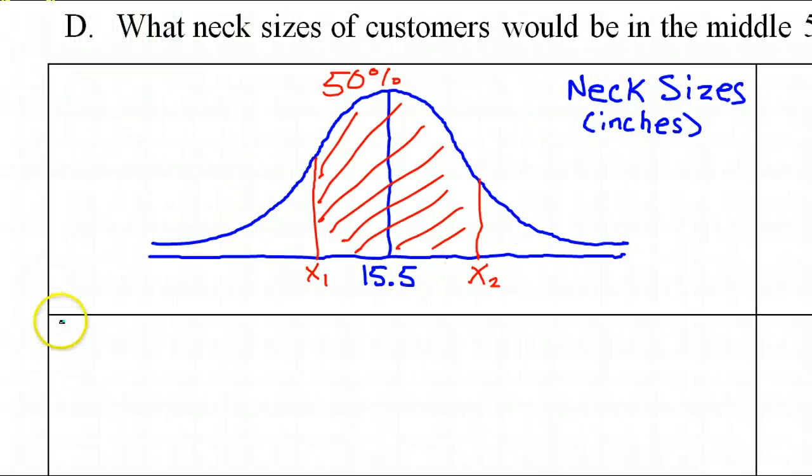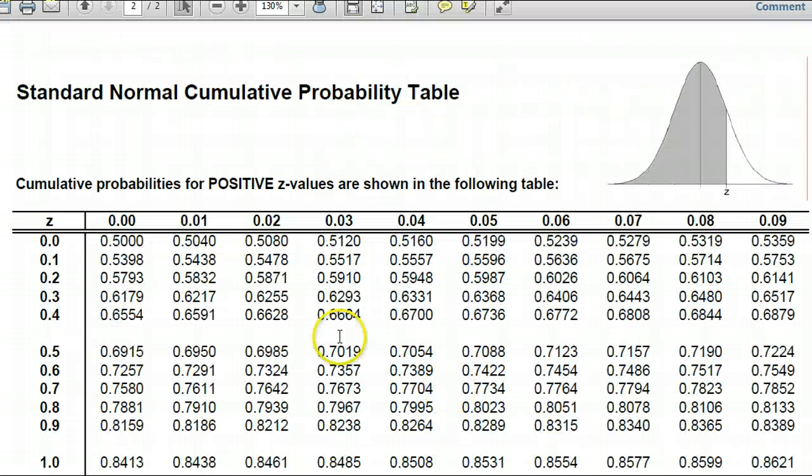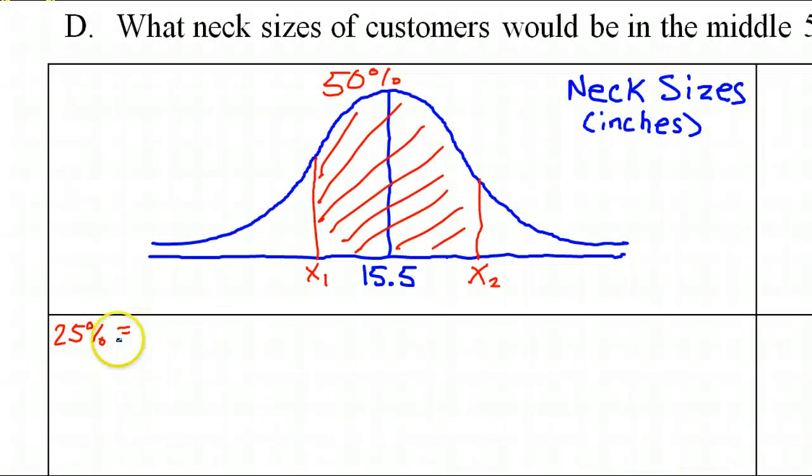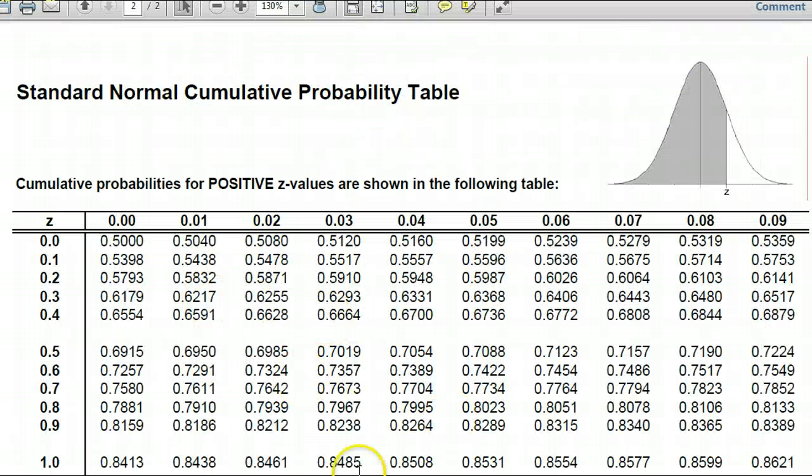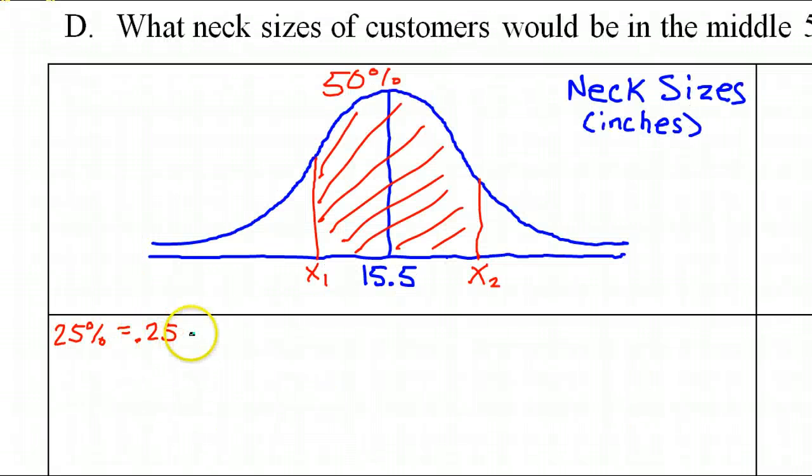Let's turn that into a decimal, since this chart is all in decimals, not percents. As a decimal, this would be 0.25, and since these have 4 decimal places, I will call it 0.2500.